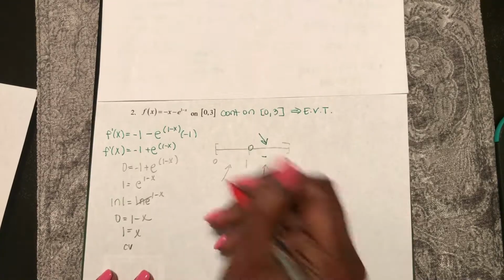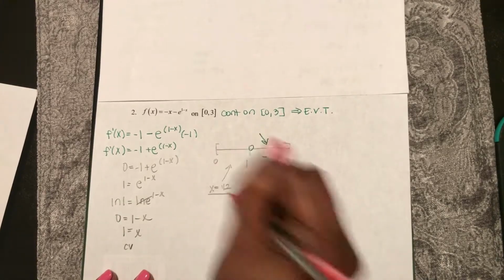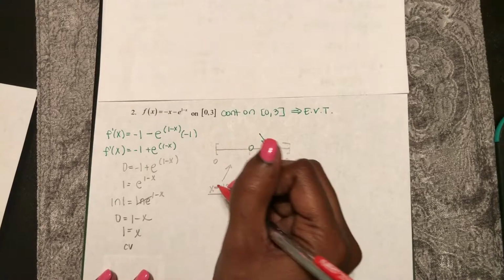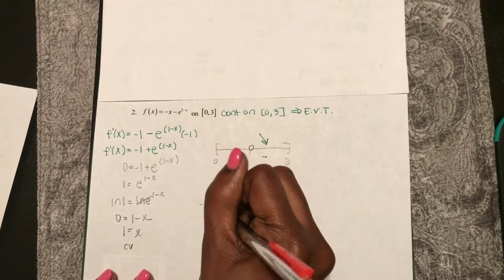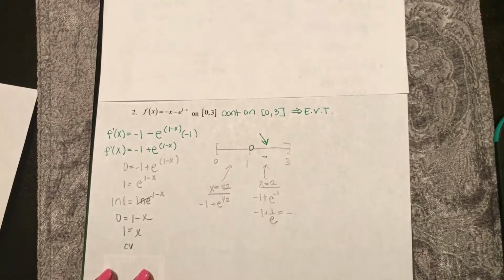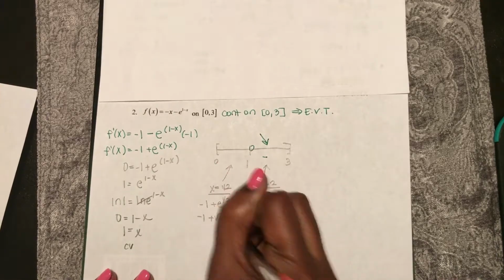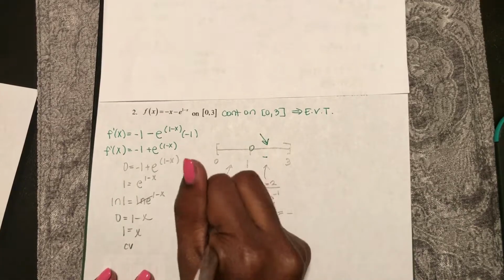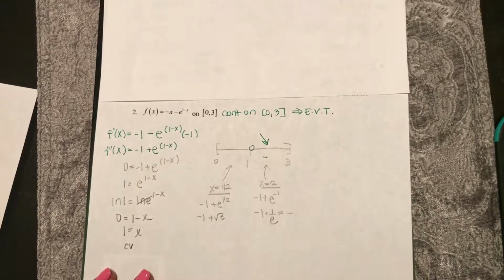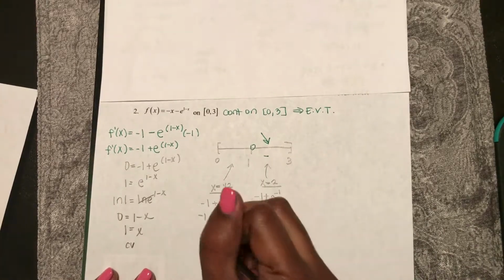In this interval, I can let x equal 1/2. Plugging in 1/2, I get -1 plus e to the 1/2, or -1 plus square root of e. Well, let's think about square root e.